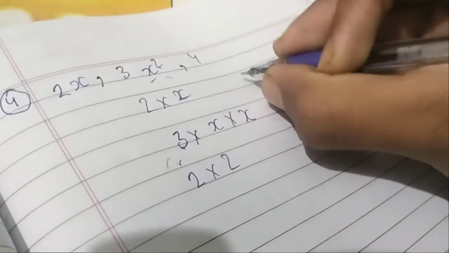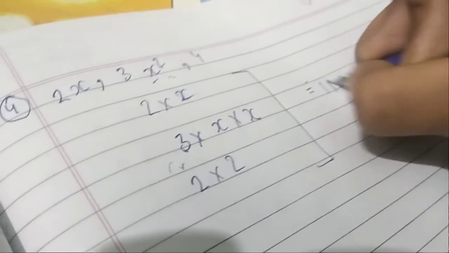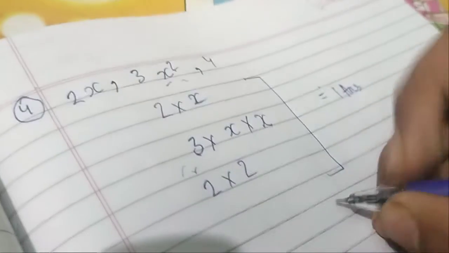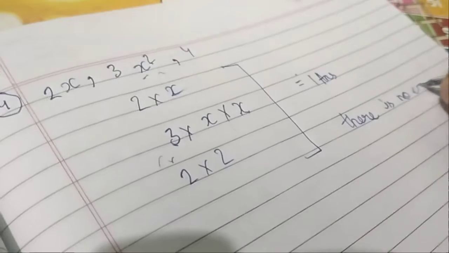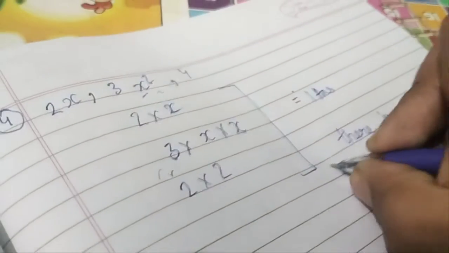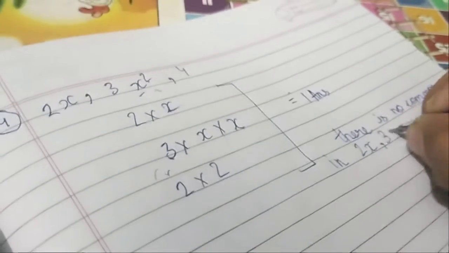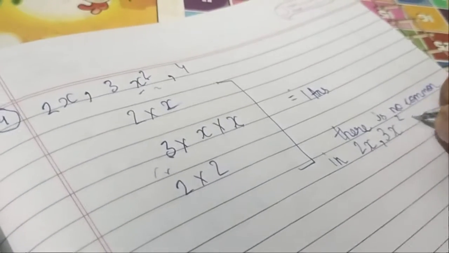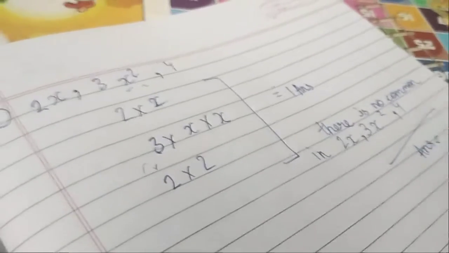So the answer of this question is 1, because there is no common factor. You also have to write that there is no common factor in 2x, 3x square and 4. So this will be your answer.